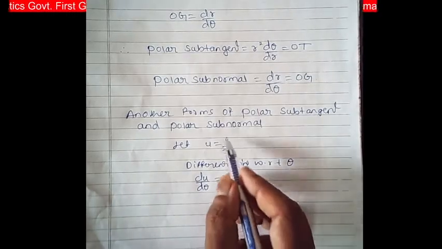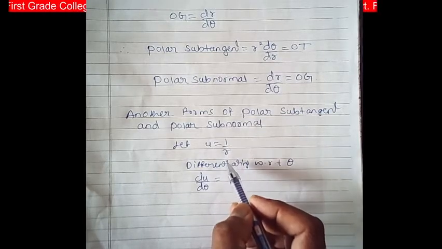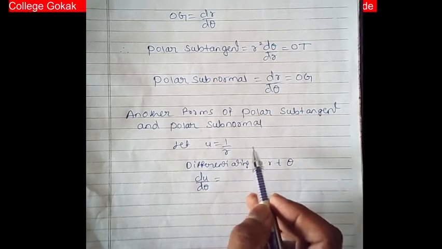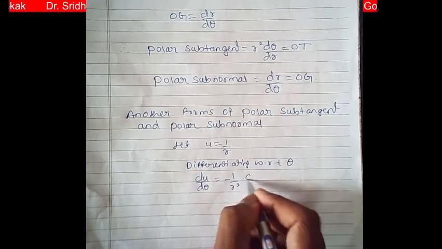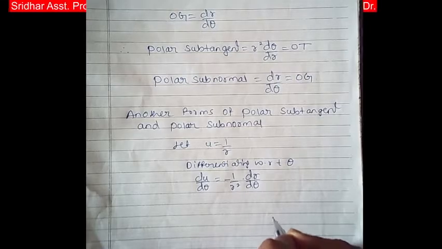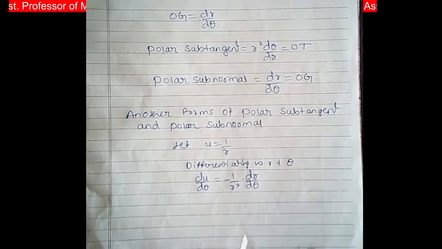Now the differentiation of 1 by r: first we differentiate with respect to r, which gives minus 1 by r square, and then we differentiate r with respect to theta, which is dr by d theta. So du by d theta is equal to minus 1 by r square into dr by d theta.